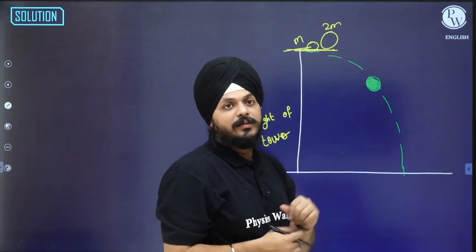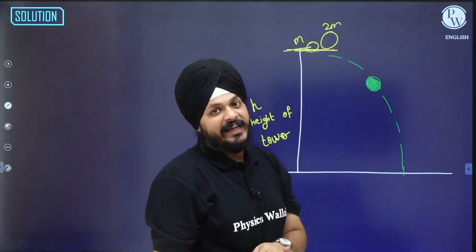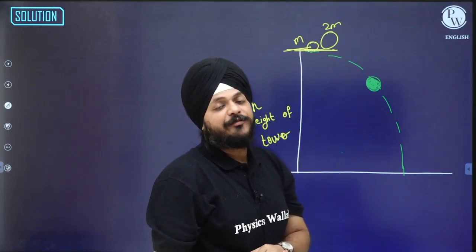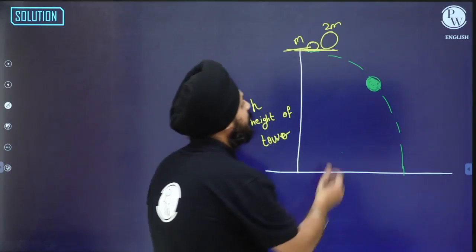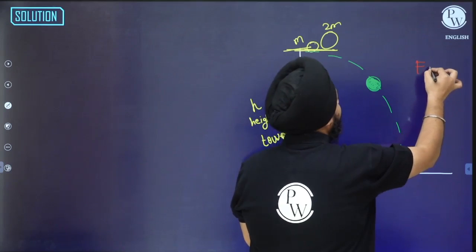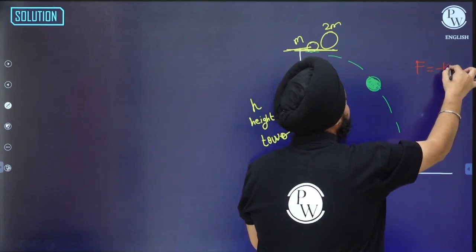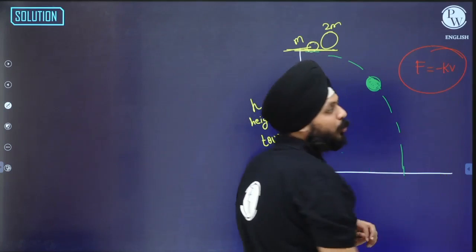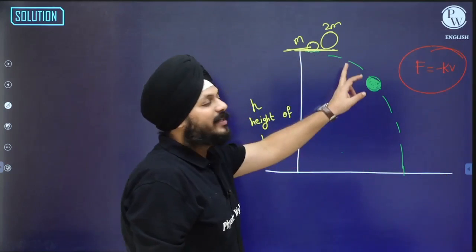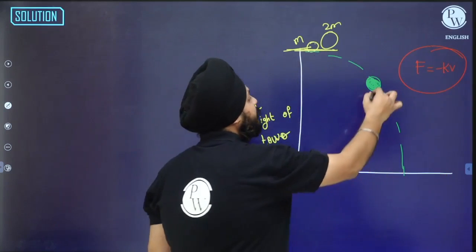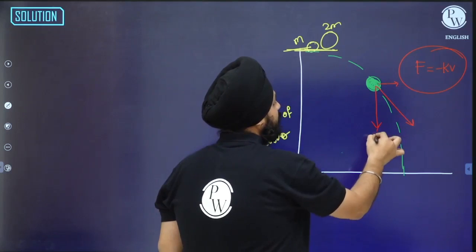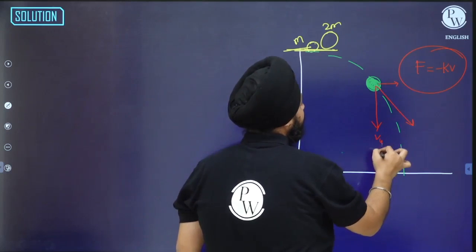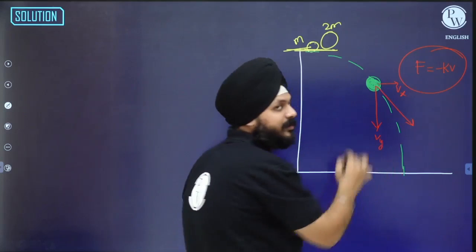What will happen here? Drag force is acting. On this particle, the drag force equal to minus kV is acting. At this point the velocity of the particle has both components, the Vy component and the Vx component.